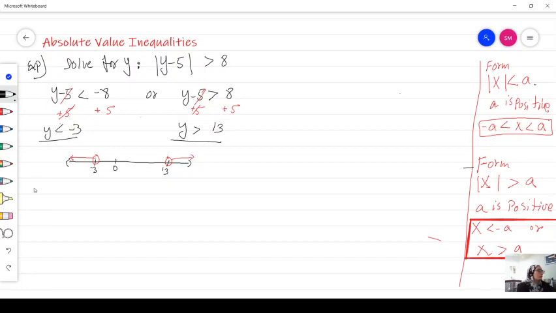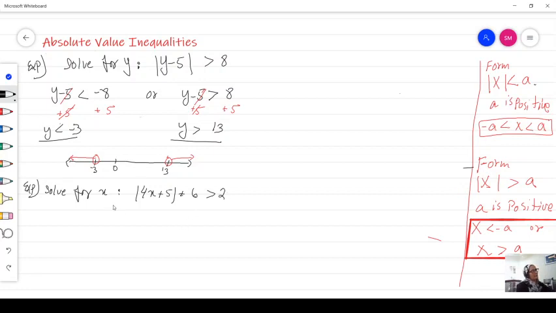Solve for x. I have the absolute value of 4x plus 5, plus 6 greater than 2.